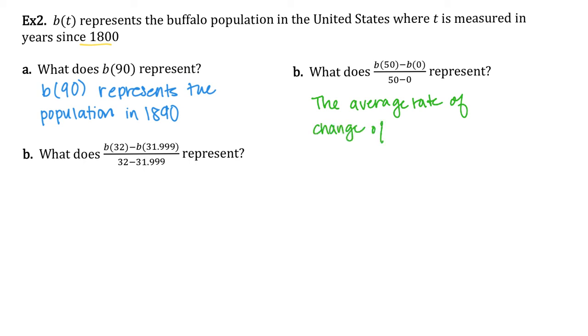of what? Let's see. The numerator is the buffalo population in the United States. This is the time from, let's see, 50 years past 1800, so 1850, to 1800.